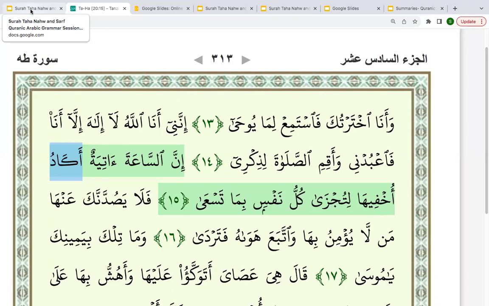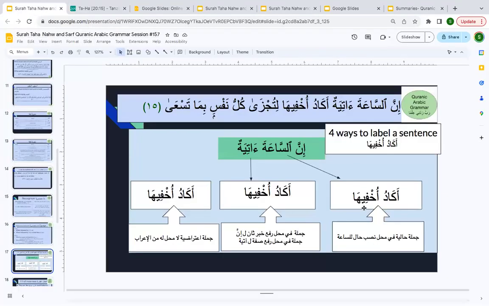Keep that in mind. Now, when you label this jumla fi'liya, remember, as Sister Zohra has said, that you can call akadu ukhfiha as jumla mu'tarida, which is an extra information, and it is something that is la mahalla laha min al-i'rab. And the second way that you can label the entire sentence starting from akadu ukhfiha, this whole chunk, is you can label it as a hal for as-sa'ata, right?